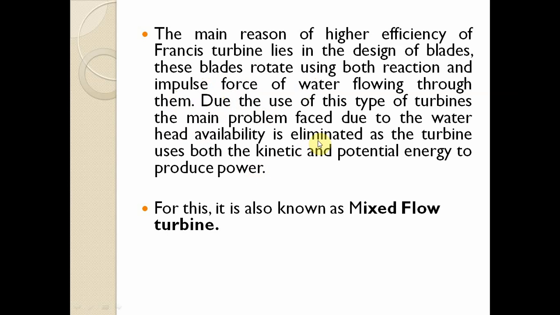Due to the use of this type of turbine, the main problem faced due to water head availability is eliminated, as the turbine uses both the kinetic and potential energy to produce power.